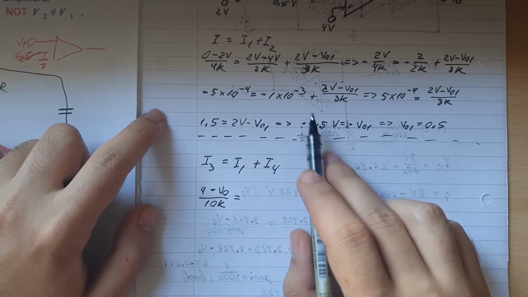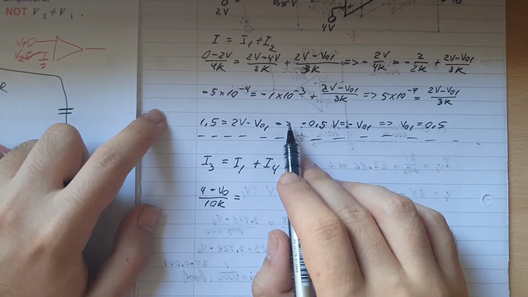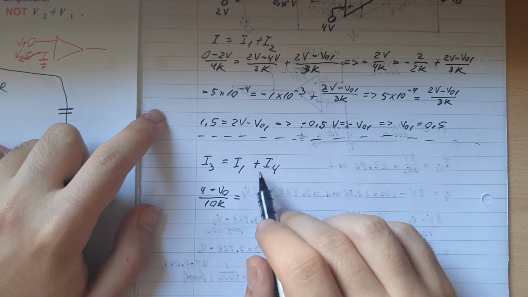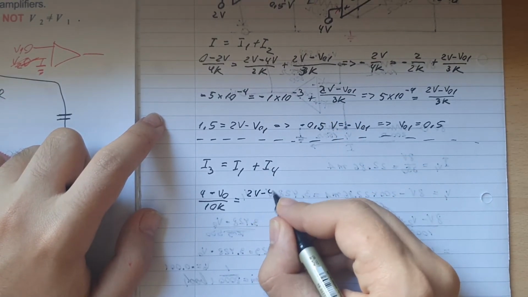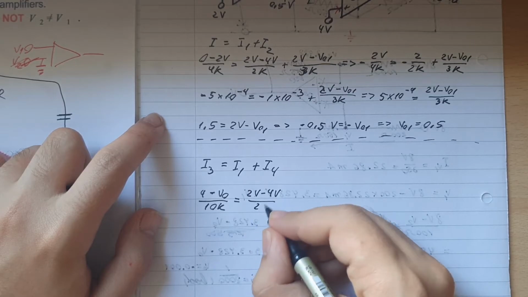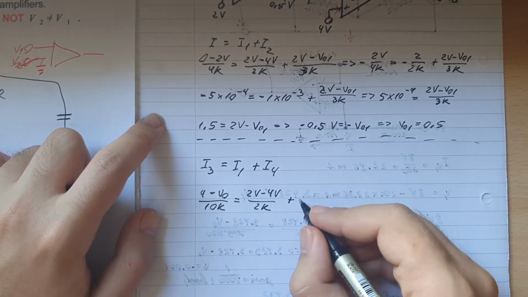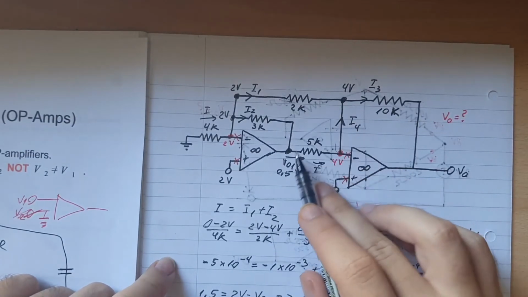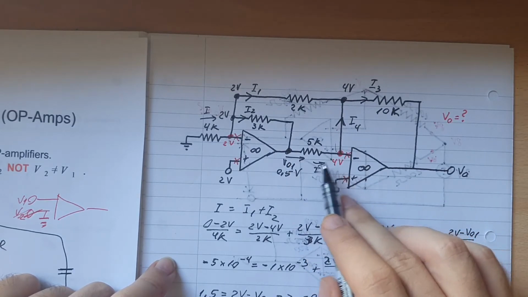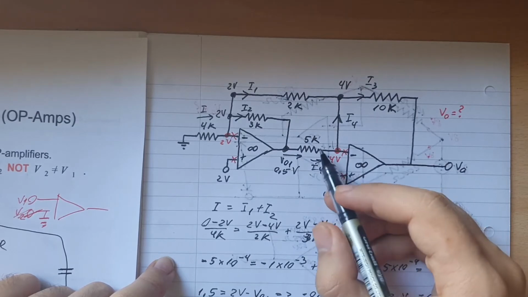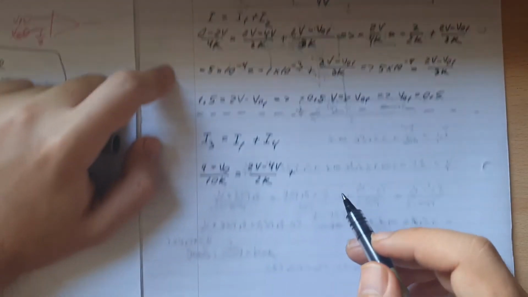I think we already know I1, don't we? Let's see. Yeah, I1 is the 2 volts minus 4 volts over 2k plus, and now we have it here, VO1 minus 4 volts over 5k, and that will give us the I4.